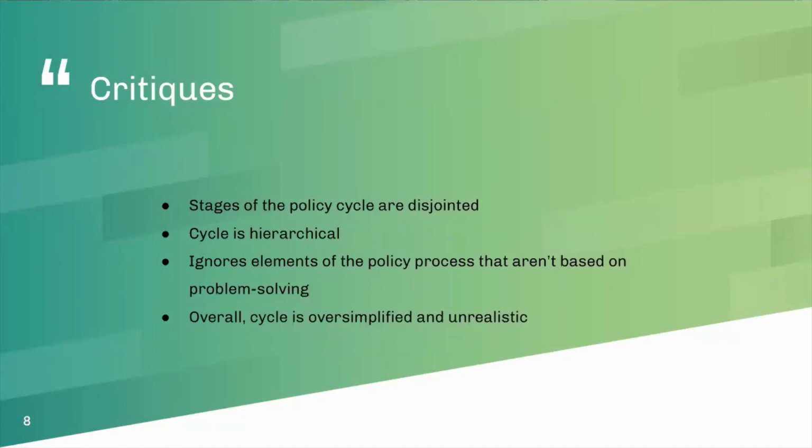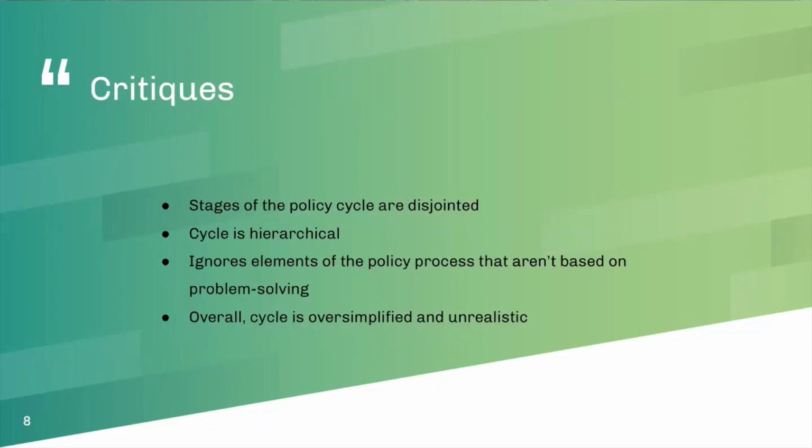Additionally, a lot of research focuses on one stage or another, and each stage holds its own theoretical framework rather than the policy process making up a single theoretical framework. So they can be really disconnected from one another. And like I said earlier, they're presented as a cycle, as if there's some sort of order, when really each stage affects all other stages.